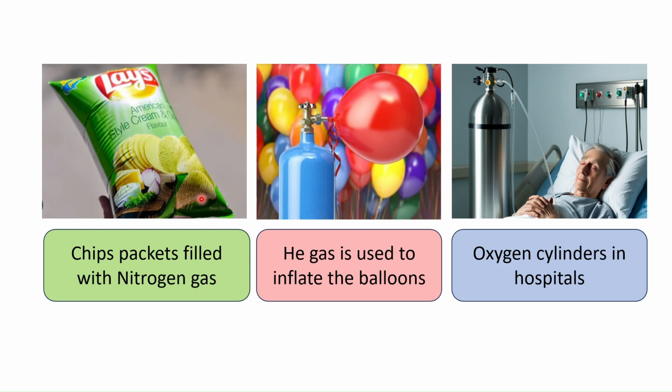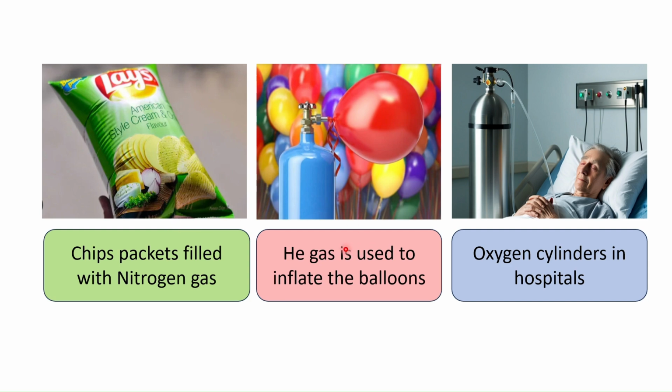So what are their applications? What can they do with the separated gases? Here the simple application is chips packets. The chips packets are filled with nitrogen gas. Why nitrogen? Because nitrogen gas doesn't react with the fats or salts or anything in the food. That's why these kinds of packets are filled with nitrogen.